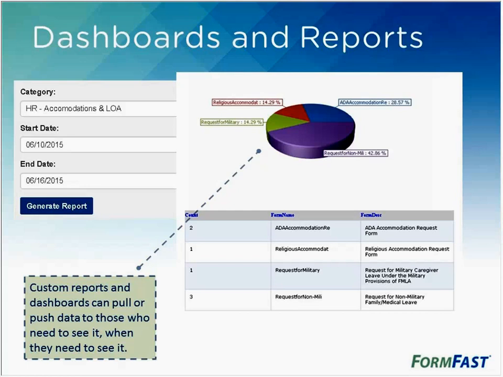It can be in the form of a report like we see here, where it's a pie chart showing me just a quick breakdown of what types of requests I'm getting in, but it could also be a dashboard with some more customized elements where we can color code values on the form. For certain requests that come in, time off requests for disability may have a different turnaround time expected than other types of requests.